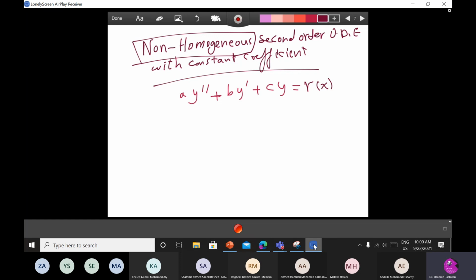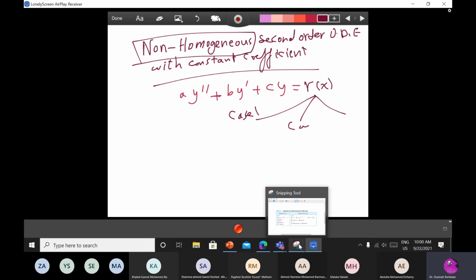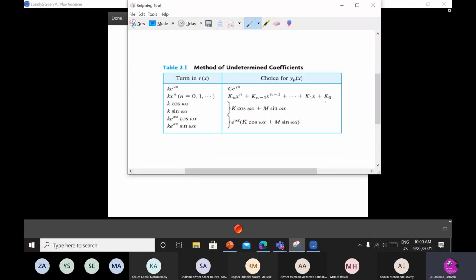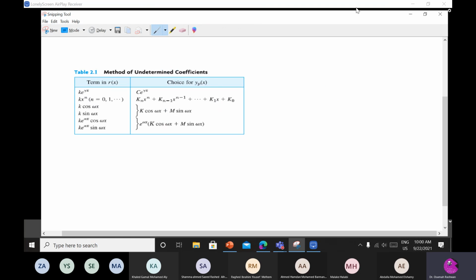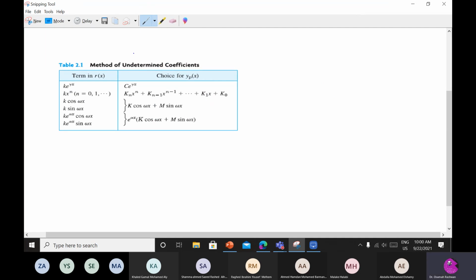Now I have cases for this one. I have case 1 and case 2. Let's see what the cases of the right hand side are. These are the cases of R of x.